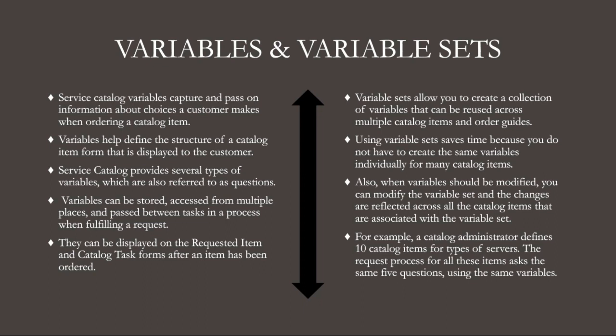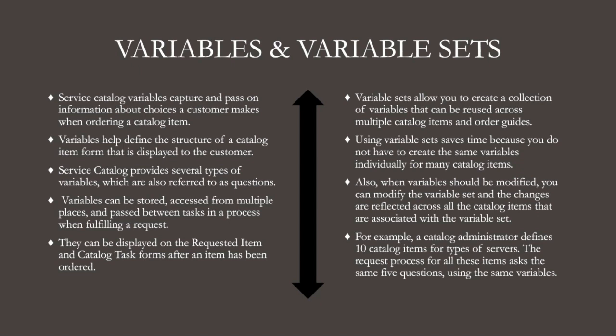Also, when variables need to be modified, you can modify the variable set and the changes are reflected across all the catalog items that are associated with the variable set. For example, a catalog administrator defines 10 catalog items for types of servers. The request process for all these items asks the same 5 questions using the same variables. So we can use this variable set on all those 10 catalog items.